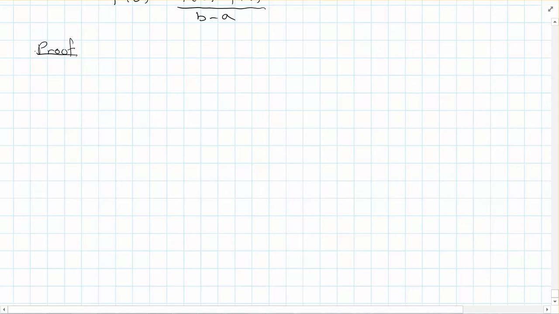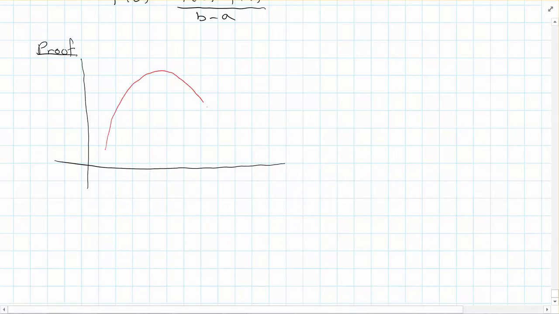So I'm going to draw another function here. Let me give us a rough set of axes, and then we'll draw a function like this. I'll put this as point A and this over here as point B, and then I'm going to do my best drawing a straight line through these.